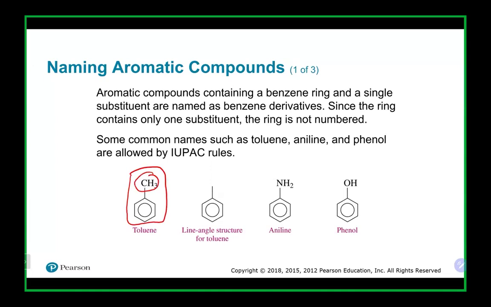So toluene is basically a benzene ring that has a methyl group on it. You could also just name it like you might think, which is you just name the group and put benzene at the end of it. So that would also be known as methylbenzene because it has a methyl group and it's a benzene ring. So sometimes it's referred to as methylbenzene as well. And this would be it in line structure, right? Our lonely line with nothing at the end of it is a methyl group. So that would be its version of it.